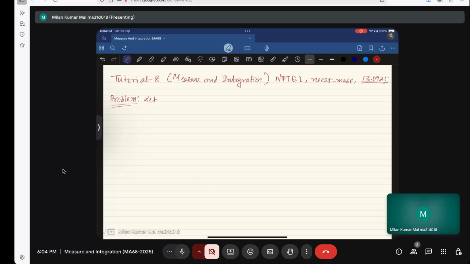Let f from [a, b] to R be a monotonic function.